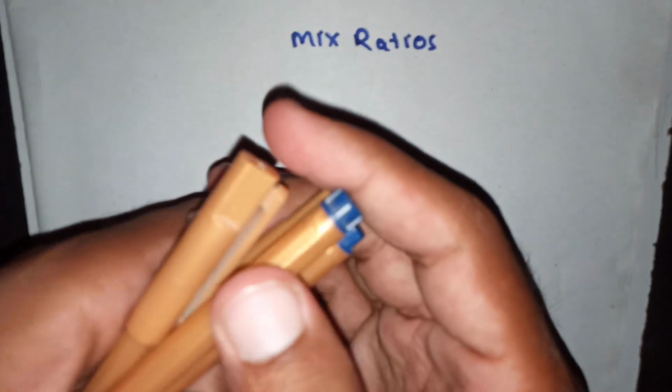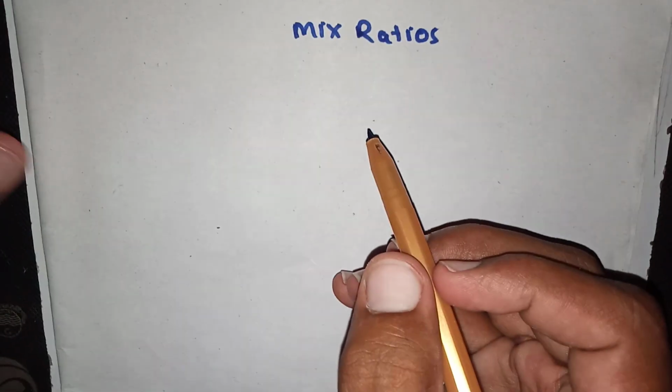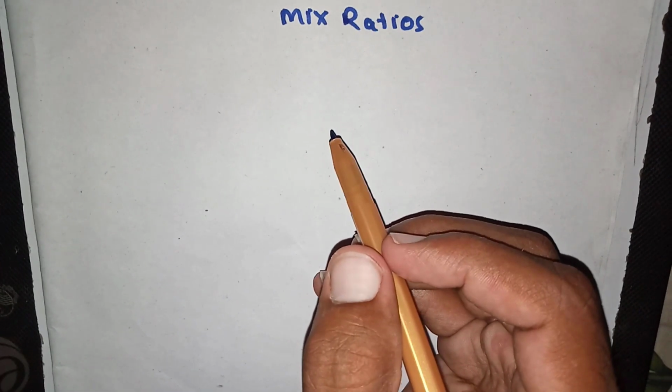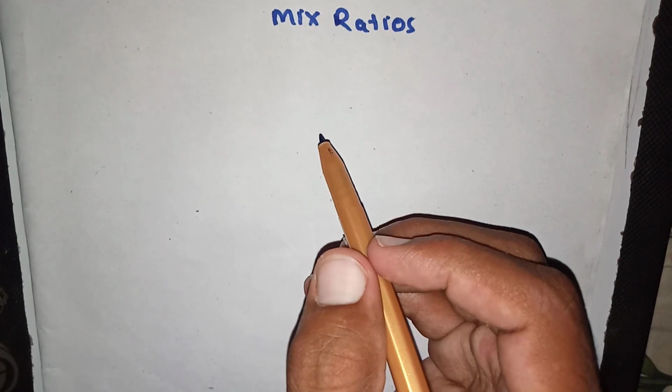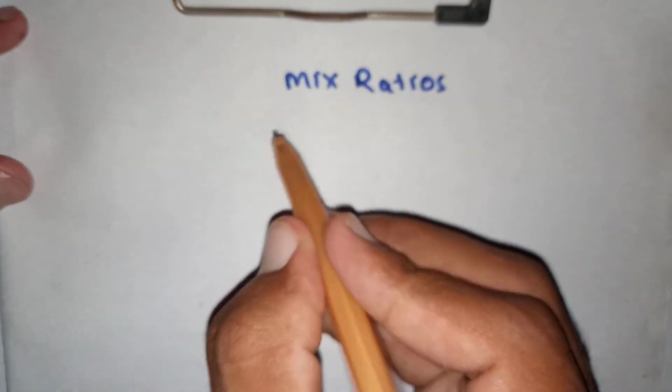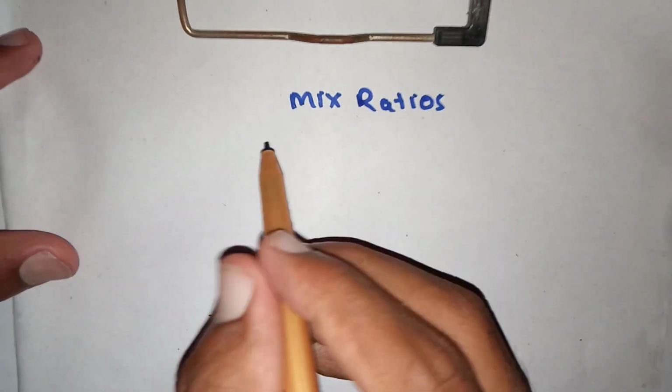Before this we have learned that there are different grades of concrete, which are M5, M7.5, and what M represents, what 7.5 represents. Now we will cover mix ratios.